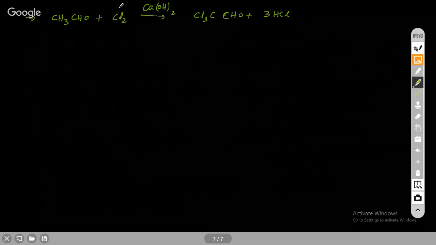So all these chlorine atoms knock out the hydrogen atoms here and form HCl. Just a second. Okay, I'll tell you what the use of phosgene is. This we call chloral.